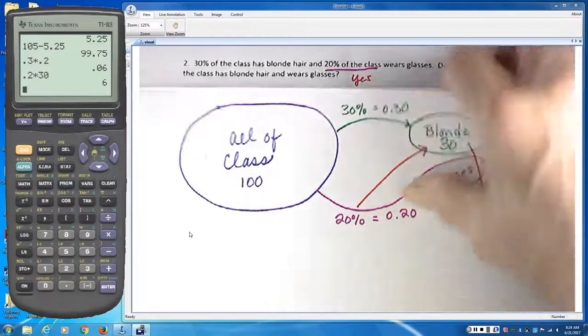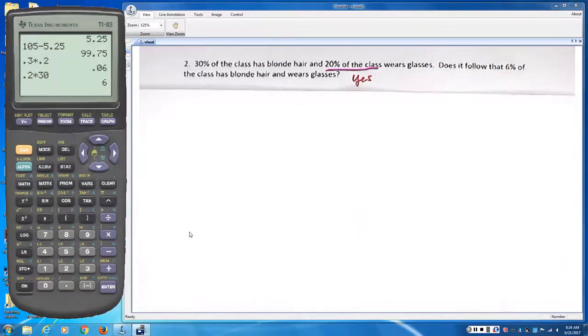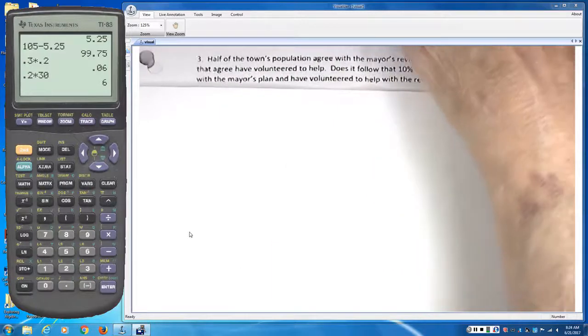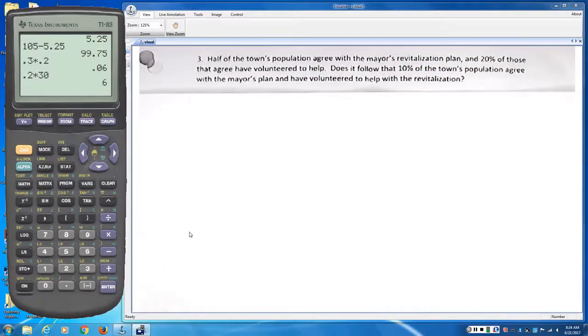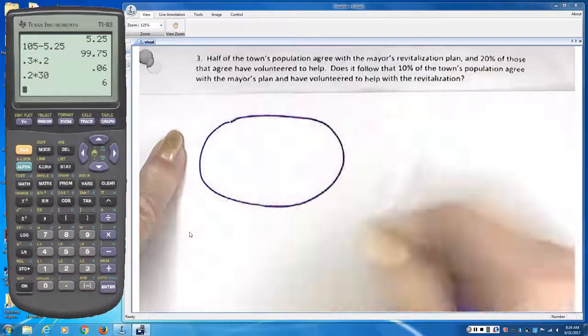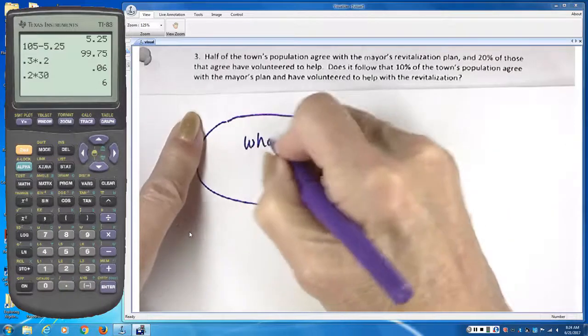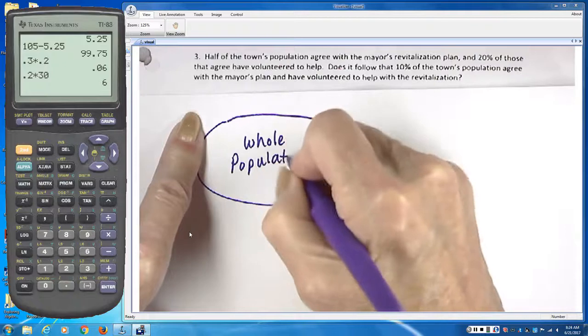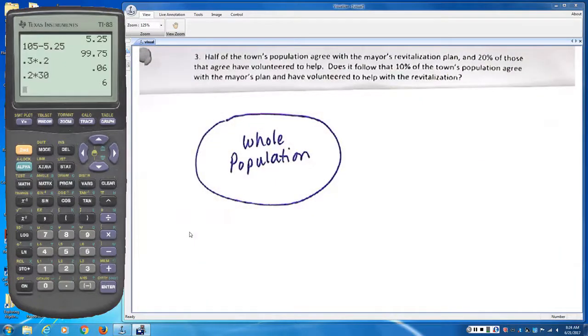So then our last problem says, half the town's population agree with the mayor's revitalization plan. Okay, here's the whole population. That's your 100%.